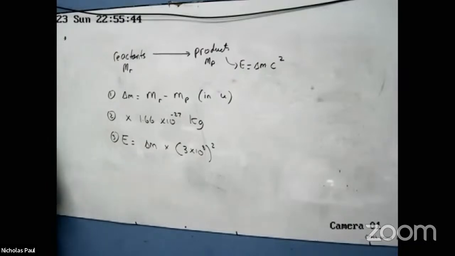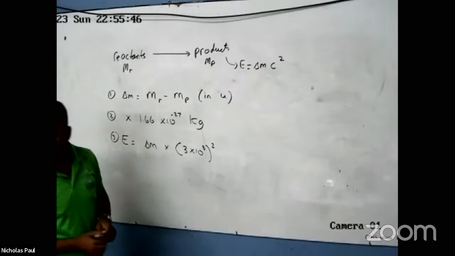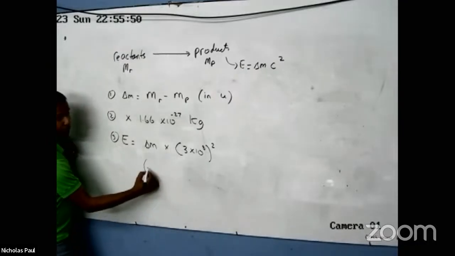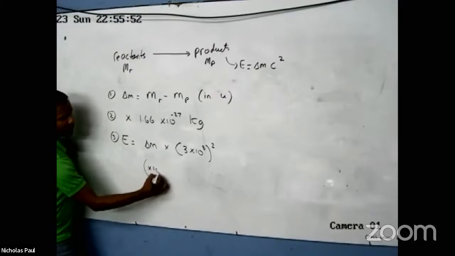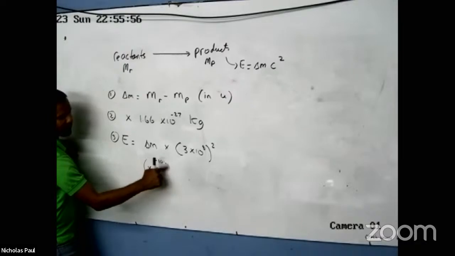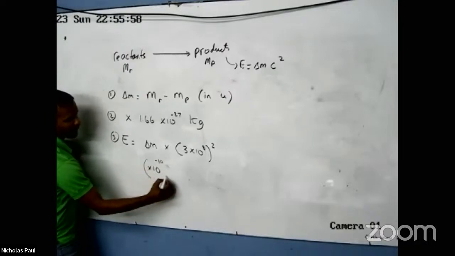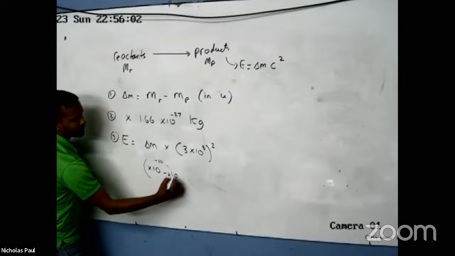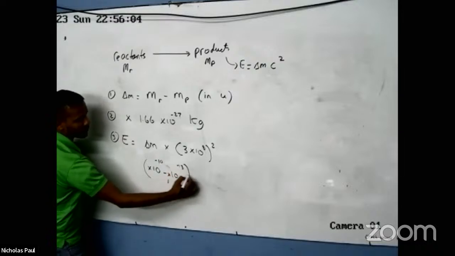All right? And the energy is normally where? The energy is normally around 10 to the minus 10 to 10 to the minus 13 joules, somewhere there.